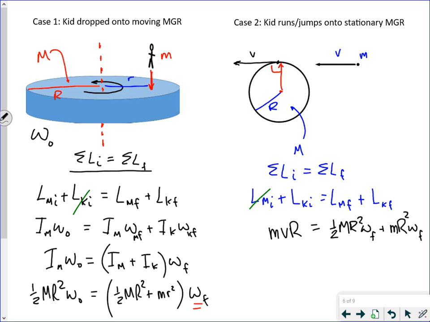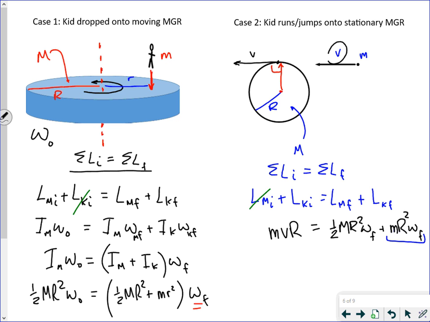So notice I wrote angular momentum here as m v r and here as I omega. It's okay, they're the same thing, right? Is it better or worse to write it in a different way? I guess it depends on what you're given. But it would be pretty likely that you'd get this kid's initial speed, a linear speed, v. All right?